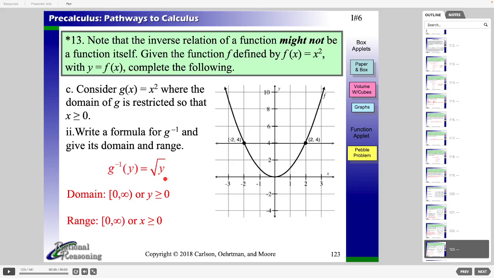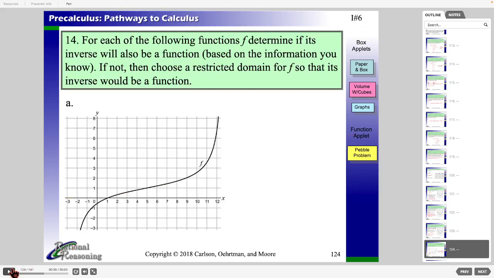Well, it's a square root function, but it's only the positive square roots. And as you see, the domain and range of the original function are swapped for the inverse function.